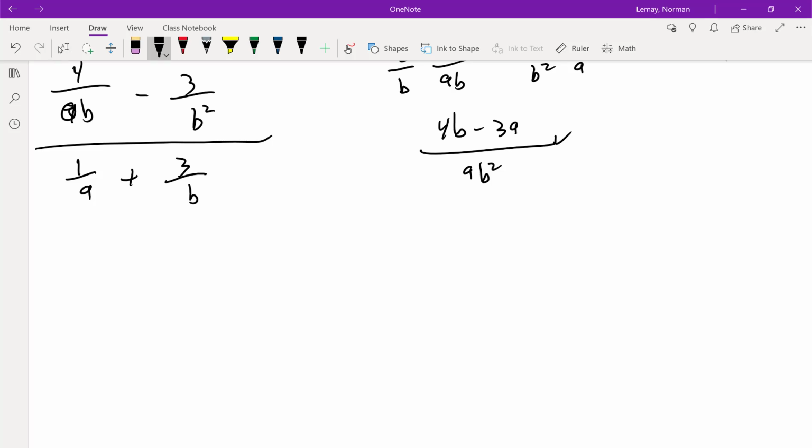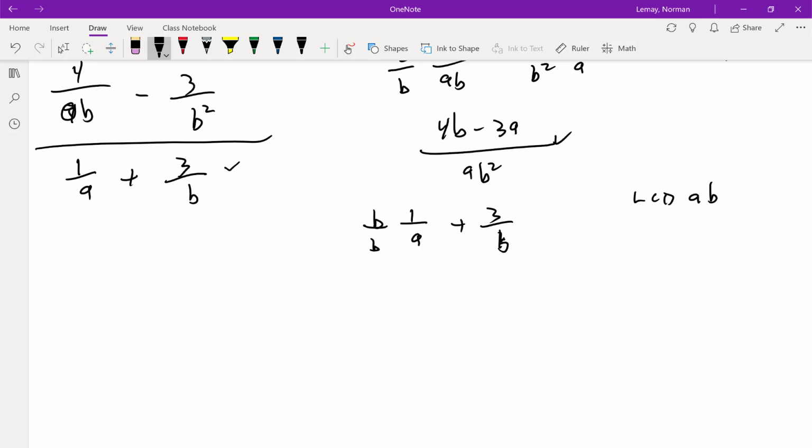So now we got 1 over A plus 3 over B. So now we're going to deal with this denominator part. So again, let's just note that our common denominator here is going to be AB. So notice that I have my A here.